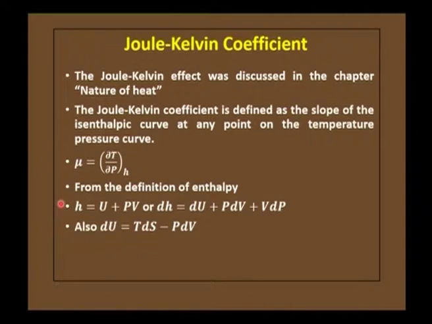Therefore, from the definition of enthalpy, we have H is equal to U plus PV, where H is the enthalpy, U is the internal energy, P is the pressure and V is the volume.